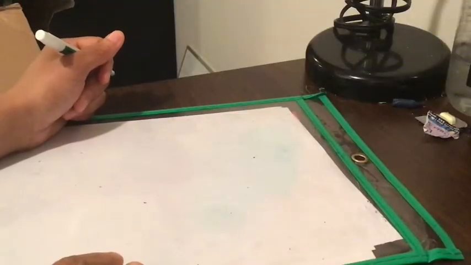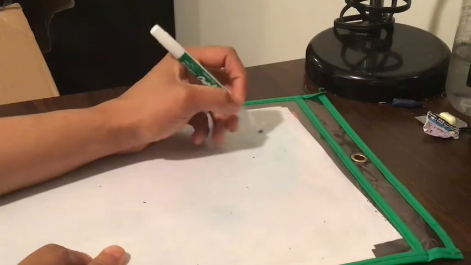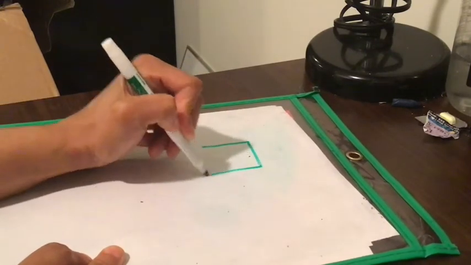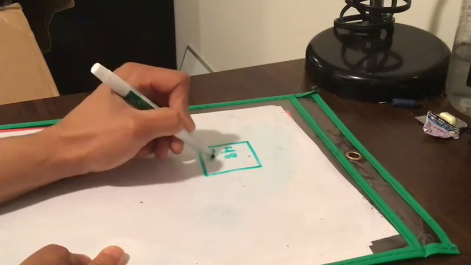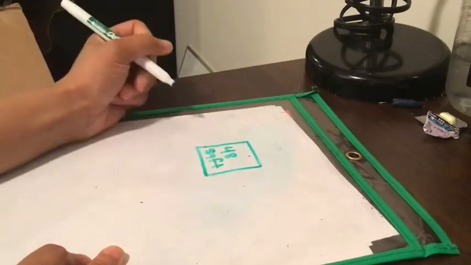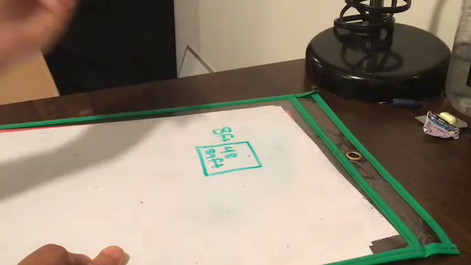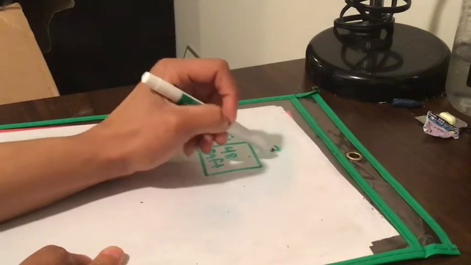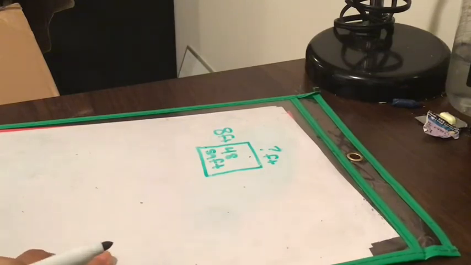So let's draw a model to try to solve this problem. I know that the area of my rectangle is going to be 48 square feet. They also told me that the width of that rectangle is 8 feet. It's 8 feet wide. And so I need to know how long, or what's the length of my rectangle.